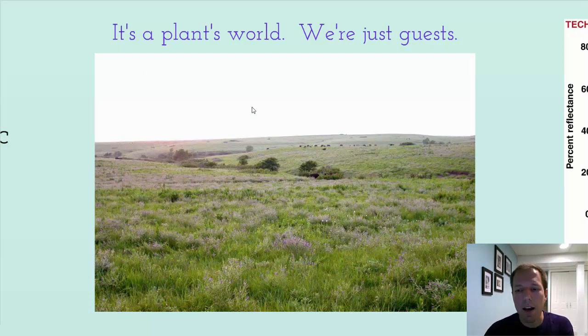Now, we'll focus here on plants and the place that plants grow, which is primarily now in soil. Plants are the predominant organism, both in number and mass, in terms of what actually lives and grows on land. So understanding what limits plants will help us to understand life in general.